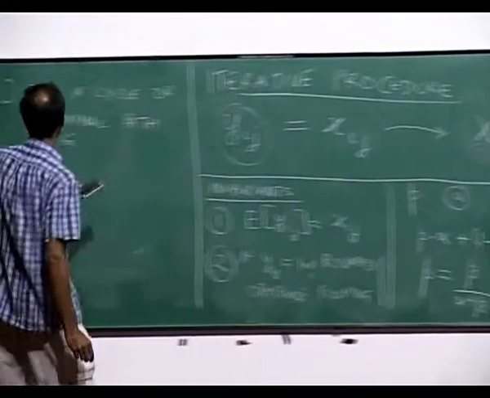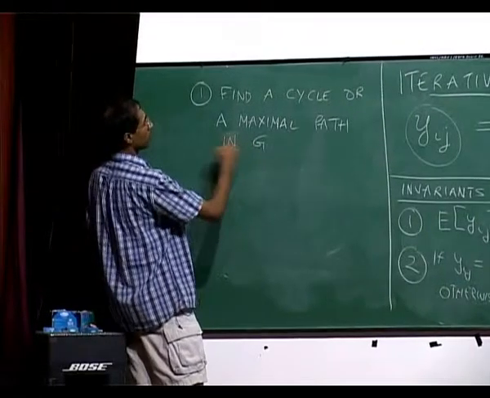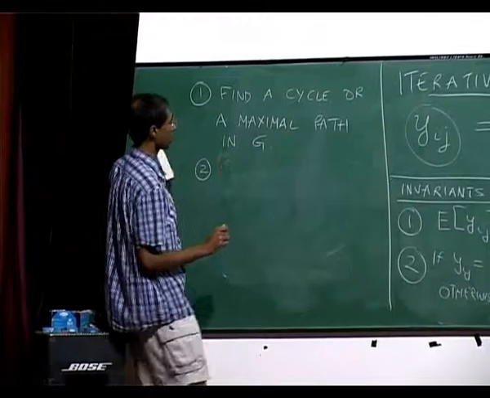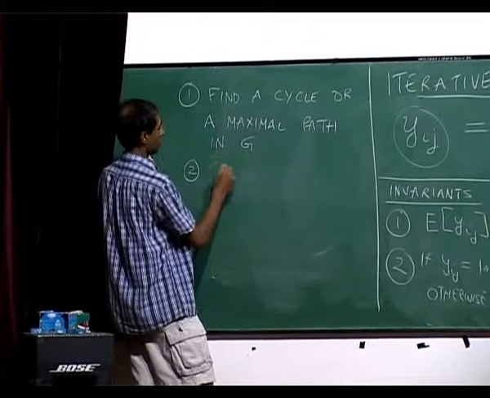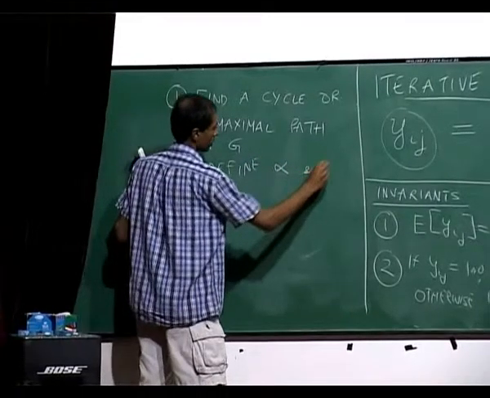And it's very easy. So my statement is: find a cycle or a maximal path in G. Okay, I haven't yet discussed the maximal path case. We'll do that right now. But define alpha and beta, or compute alpha and beta.